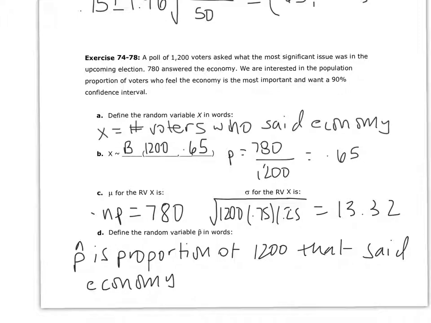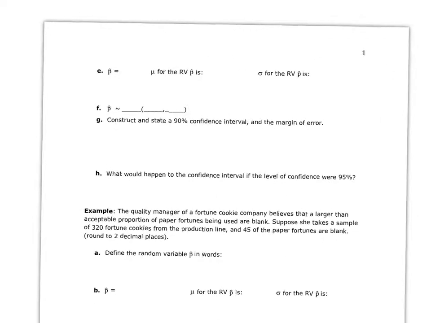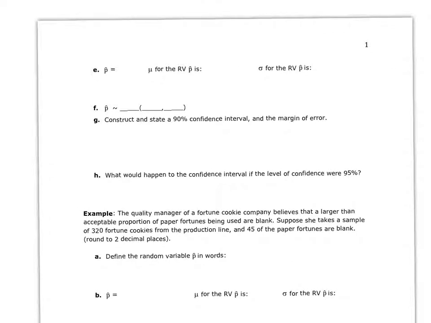Okay, let's go to the next page. So p hat is going to be that 780 over 1200.